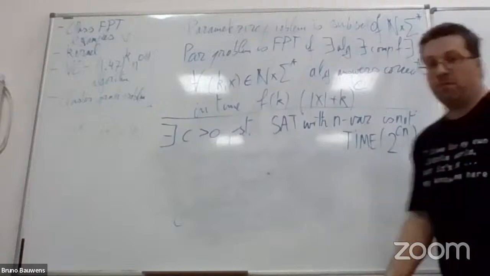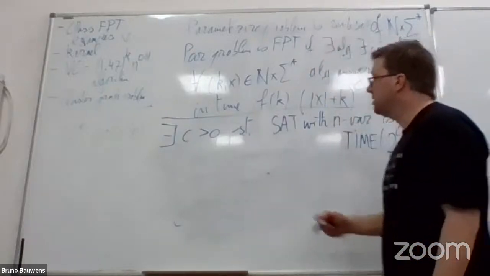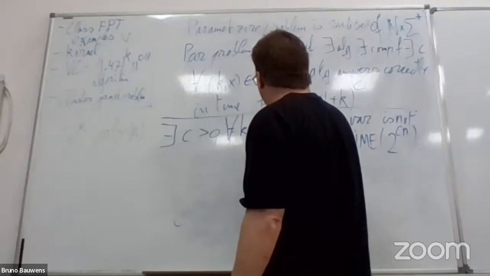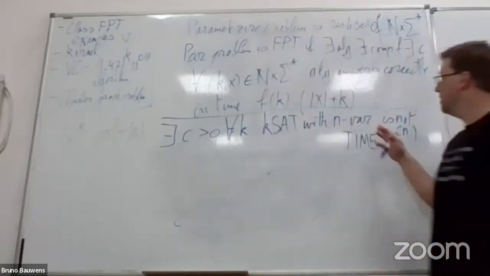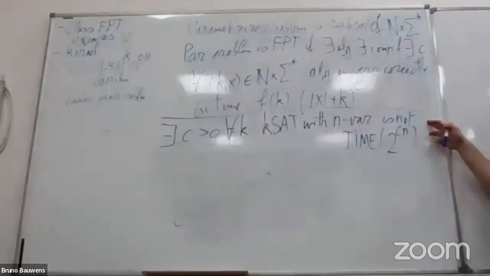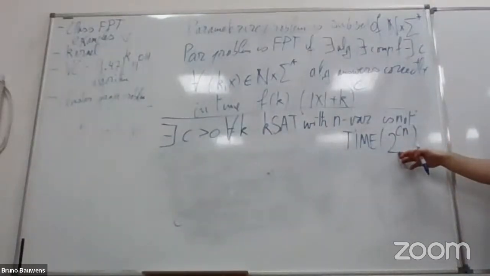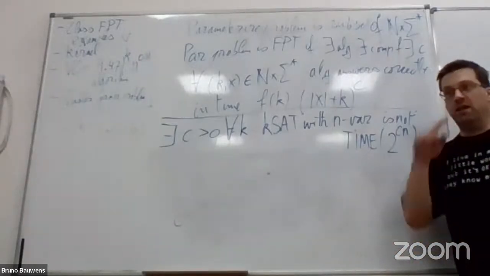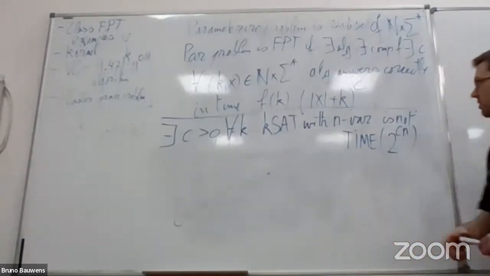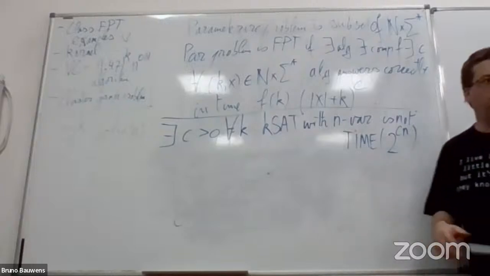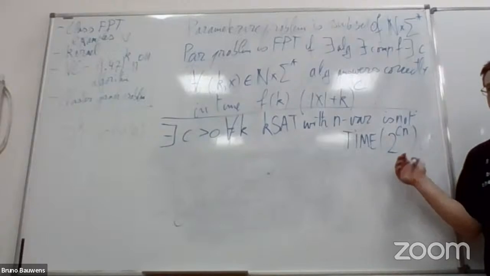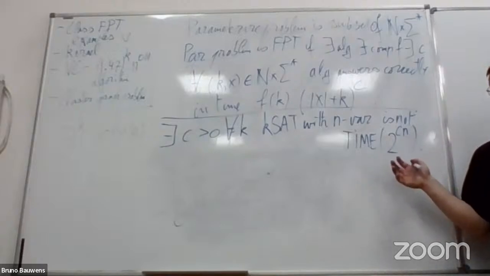The claim is that for every k, k-SAT with n variable instances is not solvable in time 2 to the power cn. So the exponential time hypothesis says it is not solvable in 2 to the power n. It's a very common hypothesis, also for approximation of vertex cover problems.